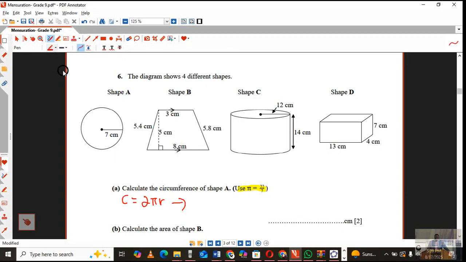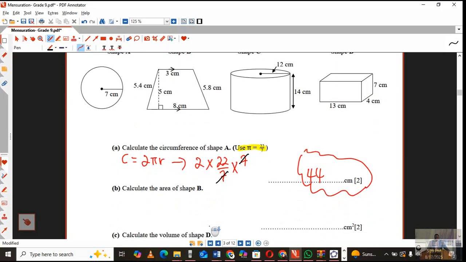So the circumference will be 2 times 22 over 7, and the radius here is also 7. The answer is just 44. 7 and 7 cancel, and 2 times 22 is 44.